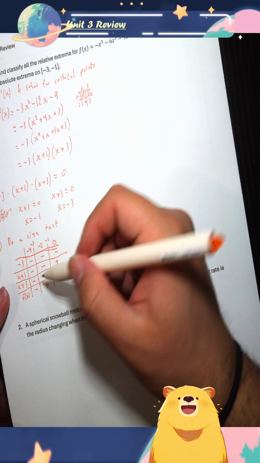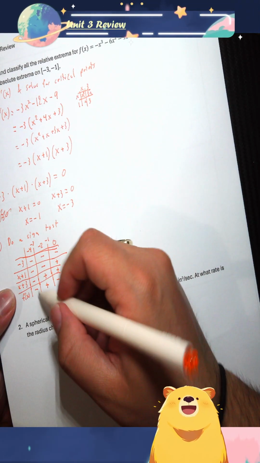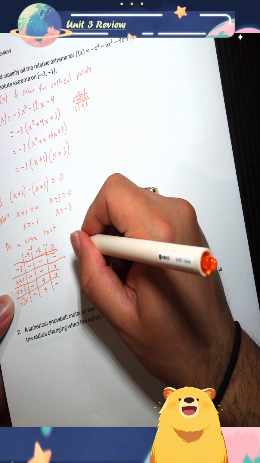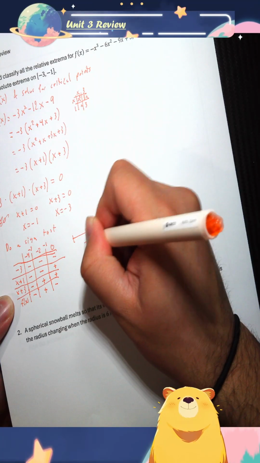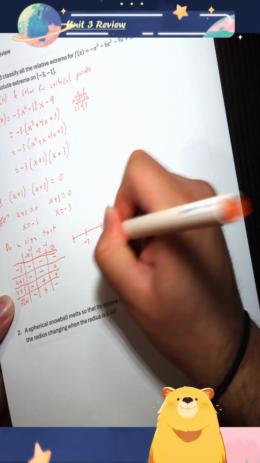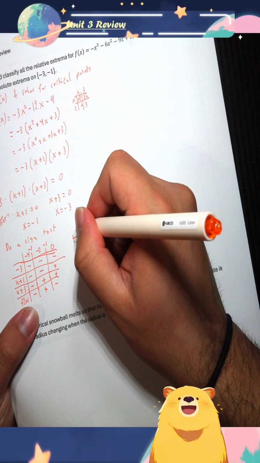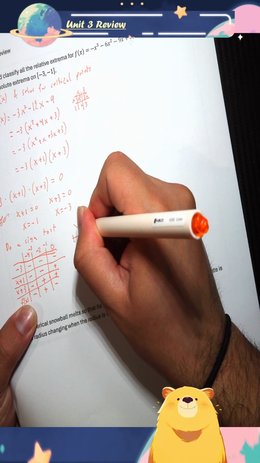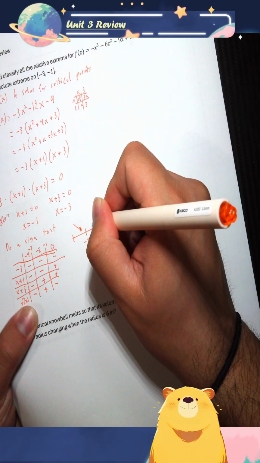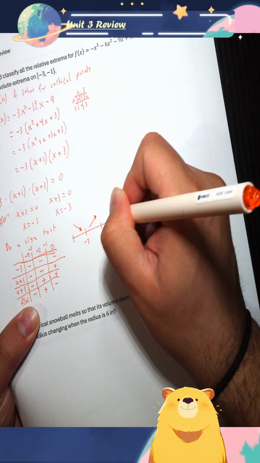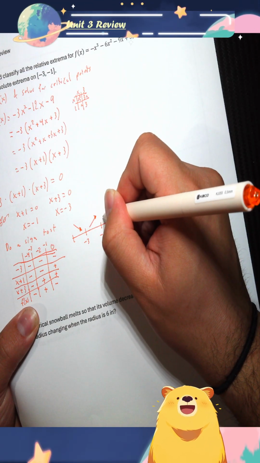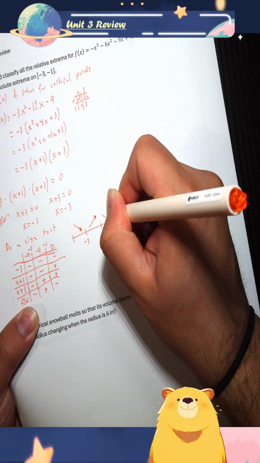So what this tells me, on the number line, is the slope will be negative to the left of negative 3, and then the slope's increasing in between negative 3 and negative 1. And to the right of negative 1, it's going to be decreasing.